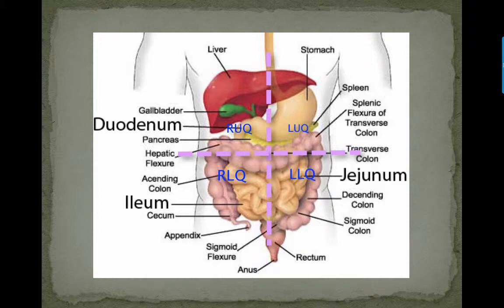When you think about the different quadrants, think about the structures that are in that quadrant, so that when you percuss or palpate and it elicits pain or a change in sound, from something tympanic to something dull, think about the structure that you're actually palpating or percussing over. And generally, that's where the disease is probably lying. So, kind of get a sense of your basic GI anatomy.